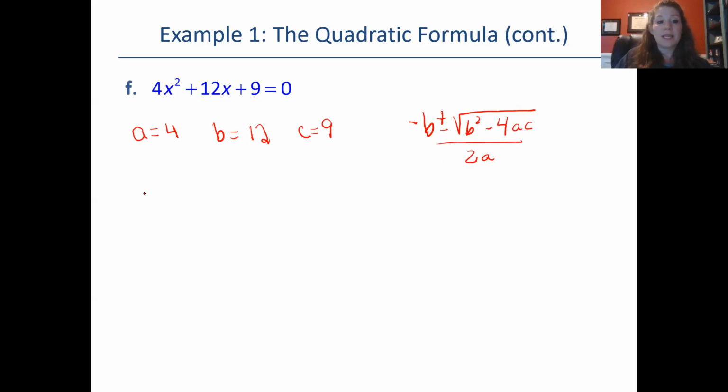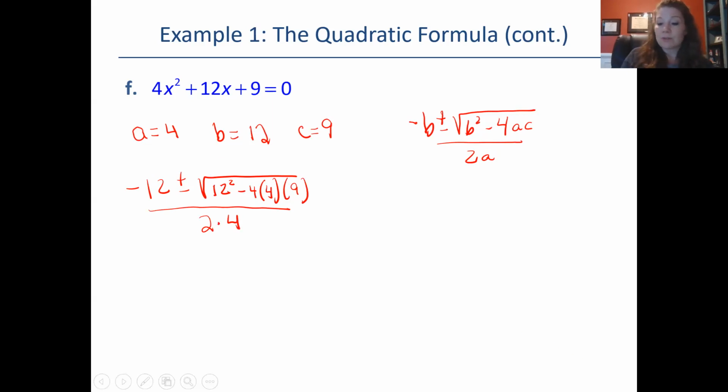So the opposite of B is -12 plus or minus 12 squared minus 4 times 4 times 9, all over 2 times 4. So I'm going to do the discriminant.